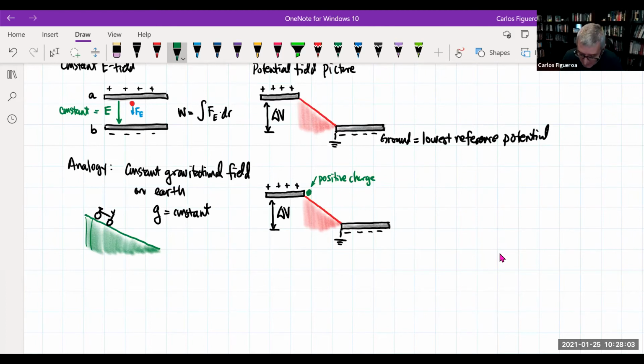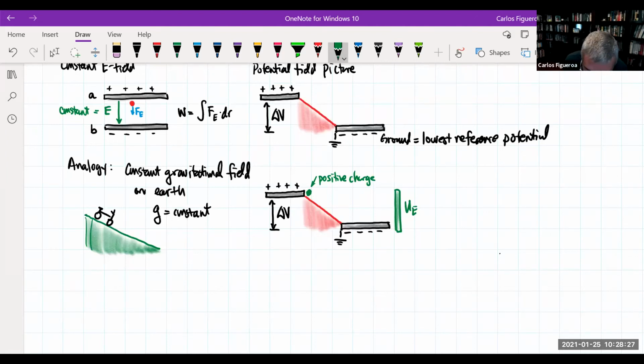But check it out. I now have what? Electrical potential energy. This charge has potential energy now. And that potential energy here is connected to what? The work done by the field.